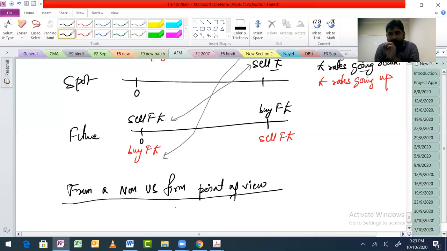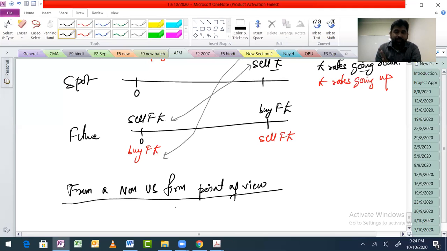Now, just understand how much confusion there would be in the market, with so many countries and so many currencies. If everybody starts making their own futures, options and forward contracts... forward contracts can be done because these are over the counter.